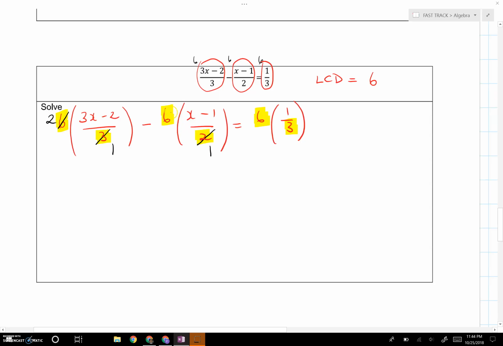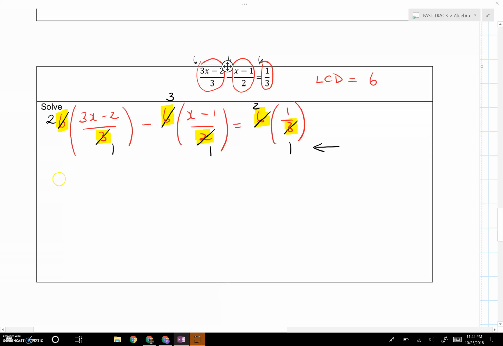This becomes 1 and this becomes 3. And this becomes 1 and this becomes 2. Notice all of a sudden all my denominators are 1. Well, that's great because the entire point of multiplying by the lowest common denominator is to get rid of that fraction, the thing that's causing people anxiety.